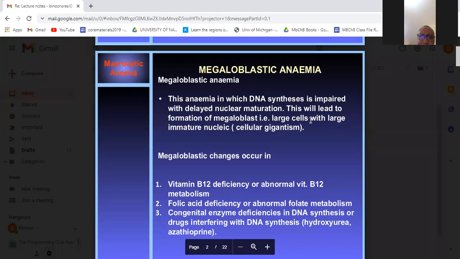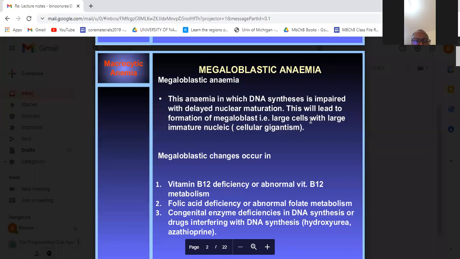So when you talk about megaloblastic, what does megaloblastic mean? Megaloblastic refers to the type of cell that is found in the bone marrow when you have certain conditions associated with the macrocytic anemias.